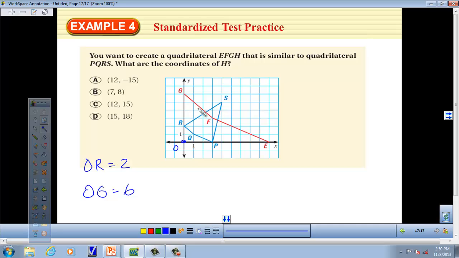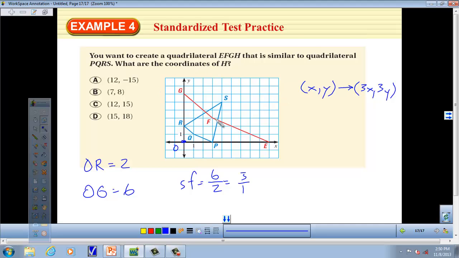Therefore, since the original is in blue, our scale factor is going to be 6 to 2, because the original would be 2, the new one would be 6. That reduces to 3 to 1. Therefore, for all the points, we're going to use this rule. x comma y converts to 3x comma 3y.